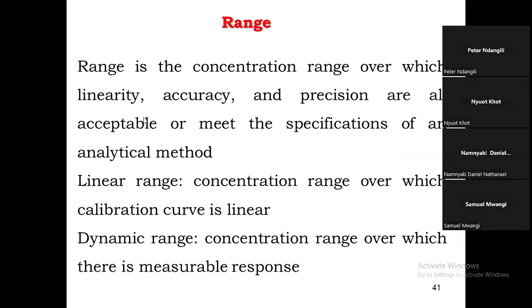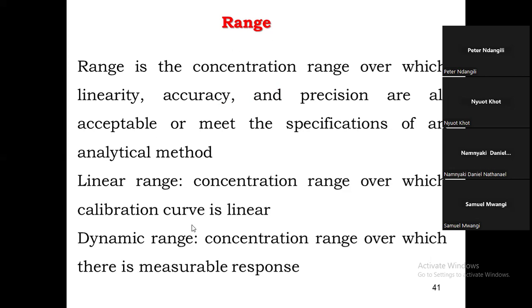Now we talk about the linear range. This is the concentration span over which linearity, accuracy, and precision are acceptable or meet the specifications of a particular analytical method.